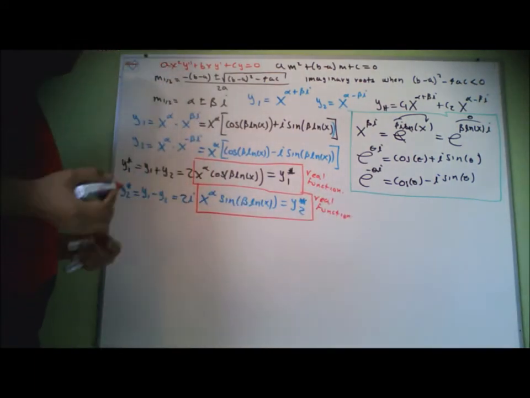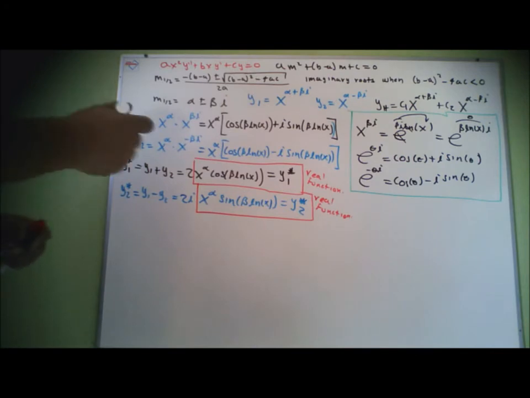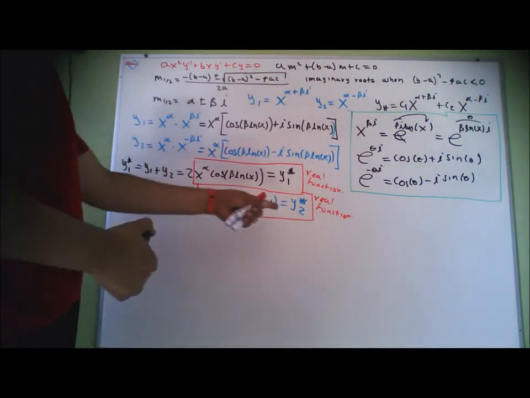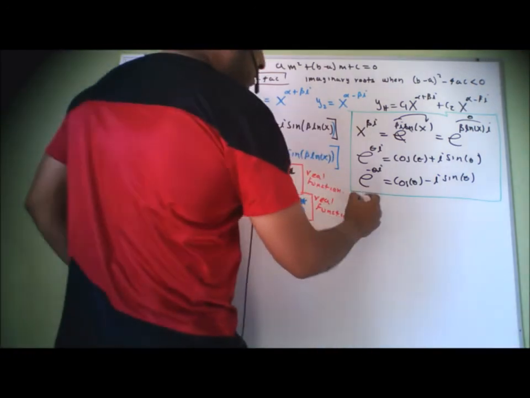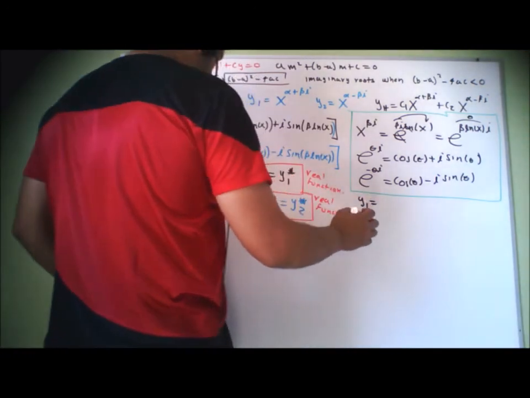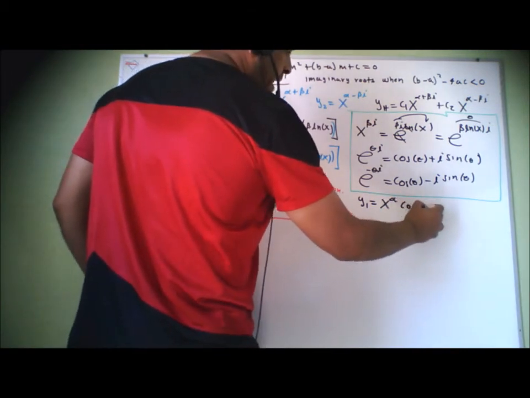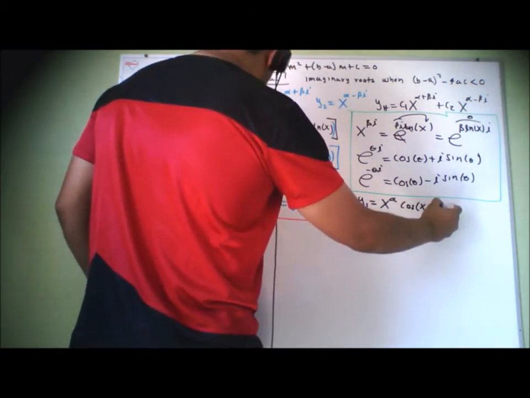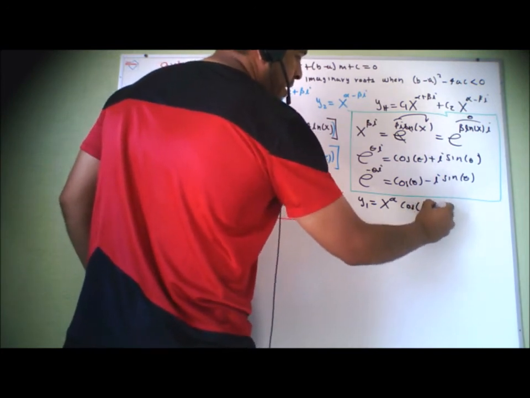Now, here you have your formulas. Your first solution is going to be x to the power of alpha cosine of beta, the natural log of x.